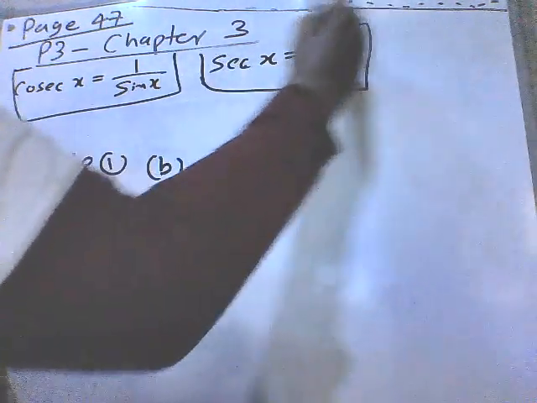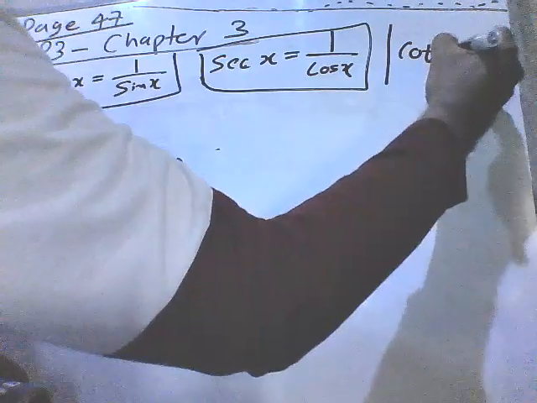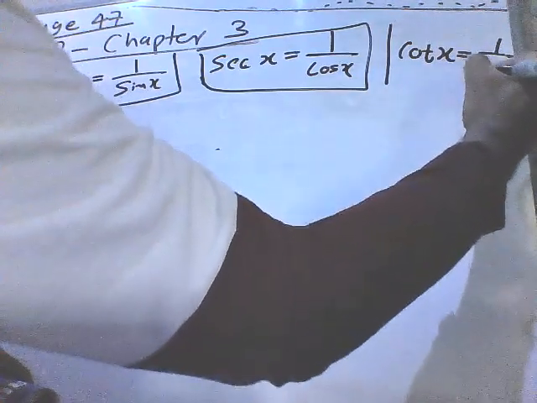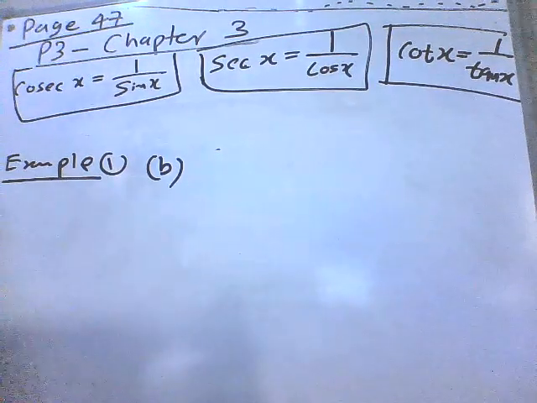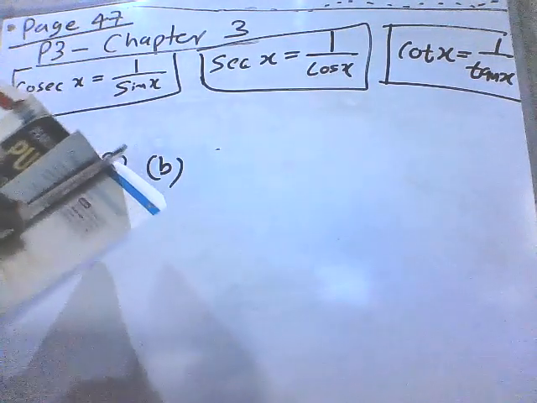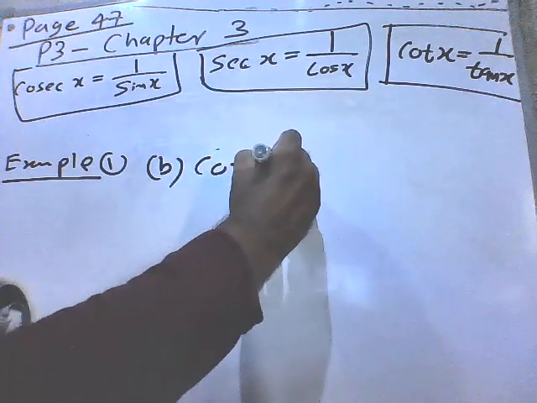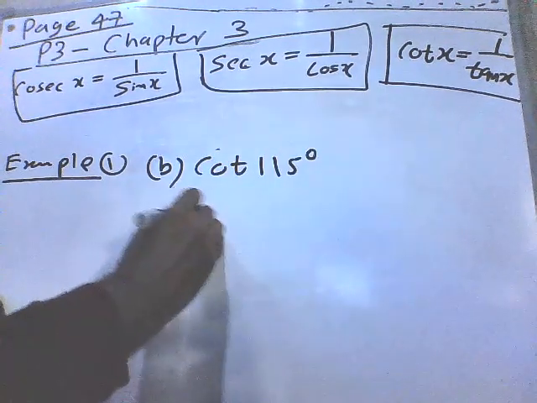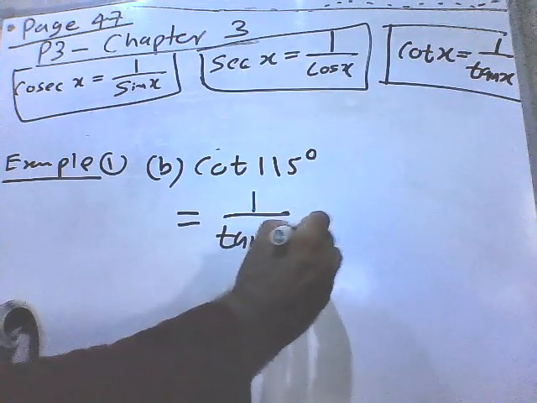And the other one is cot x, which is equal to 1 over tan x. These three things you should remember. So cot 115 is equal to 1 over tan 115.